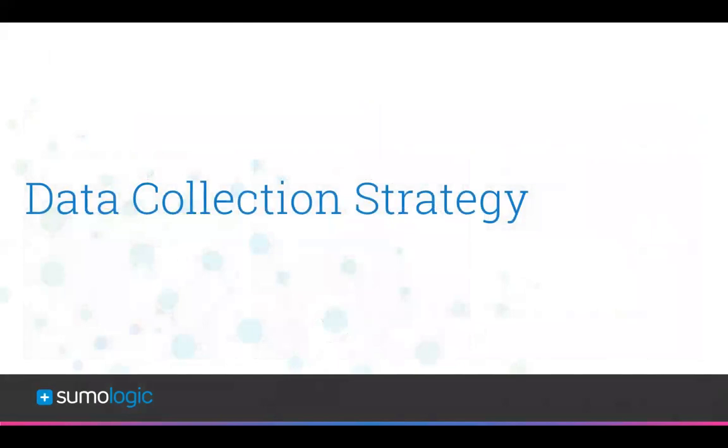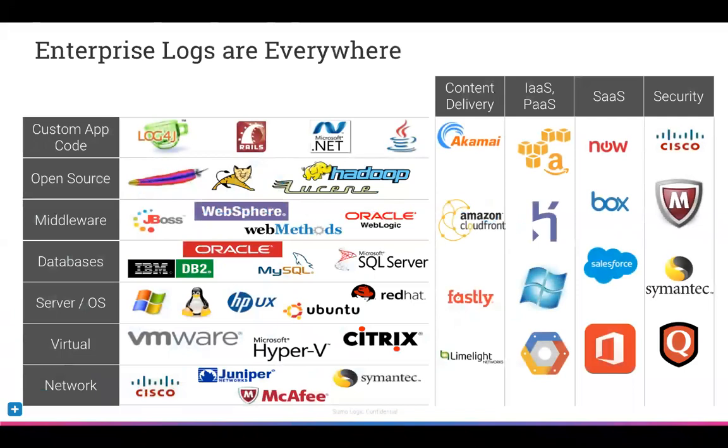All right, so let's talk a little bit about data collection strategy. Sumo can bring in data from just about anything, and that can be structured data or unstructured data. Here are some examples of sources that we can grab logs from. As a matter of fact, we have hired quite a few people from these different areas to improve our expertise in these areas.